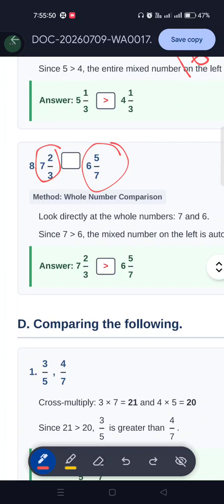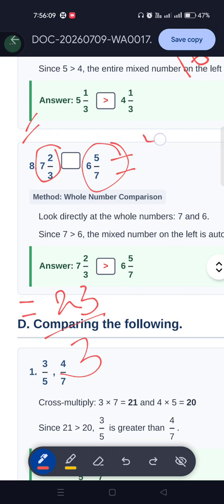So 7 into 2 by 3 will become 3 7 is 21 and 2, 23 upon 3, and 6 into 5 upon 7 will become 7 6 is 42 and 5, 47 upon 7.